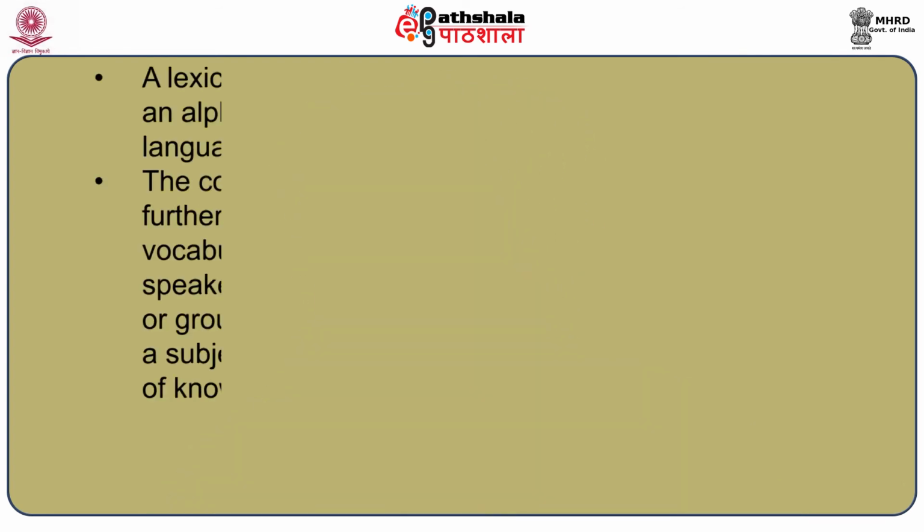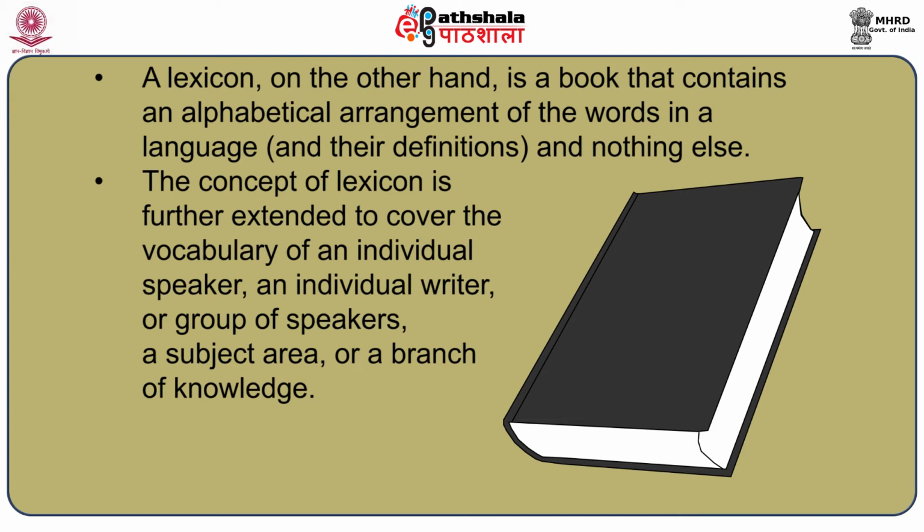Finally, we need to make distinctions between a lexicon and lexicography. A lexicon is a book that contains an alphabetical arrangement of the words of a language without their definitions and nothing else. The concept of lexicon is further extended to cover the vocabulary of an individual speaker, an individual writer or group of speakers, a subject area or a branch of human knowledge.